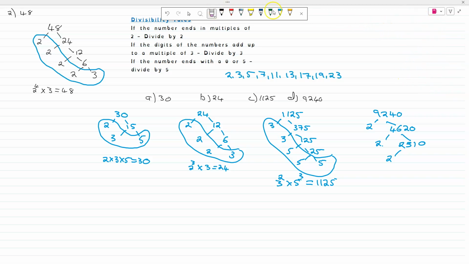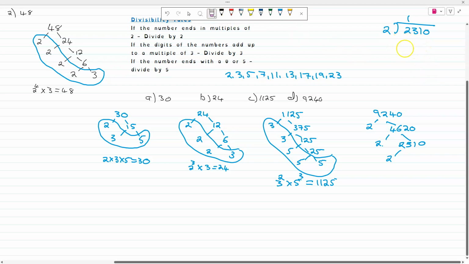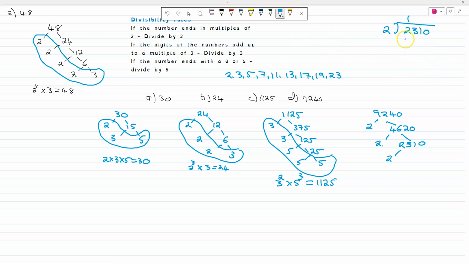Who thought we're going to use grade 3 math so many times? So it's 2310 divided by 2. 2 goes into 2 once, leaving us with 0. 2 goes into 3 once, leaving us with 1.